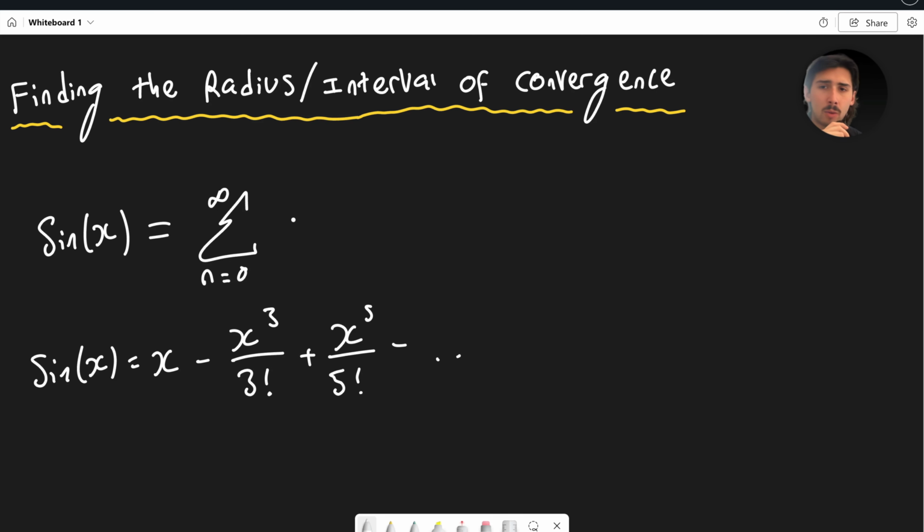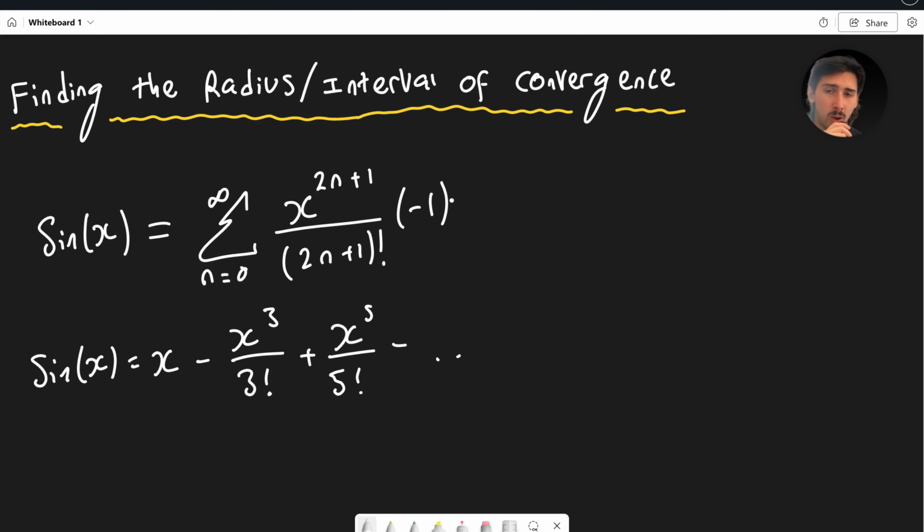We have the odd powers of x, so we're going to need an x to the power of 2n plus 1, and we're dividing by the odd factorials, so 2n plus 1 factorial, and we have the minus 1 to the power of, is it going to be n or n plus 1? Well, minus 1 to the 0 is positive 1, so it's going to be n. So that's how we can build the sigma notation version of that.